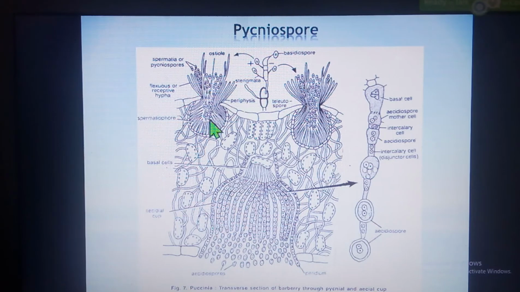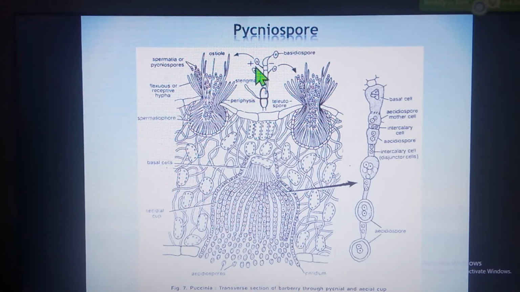Now the germ tube will penetrate the epidermis and grow there intercellularly. Now the nature of the mycelium depends on the nature of these basidiospores. Okay, what does it mean by that? Because we know that the basidiospores are of positive as well as negative types, so the nature of these pycnospores depends on the spores which come in contact with the host plant.